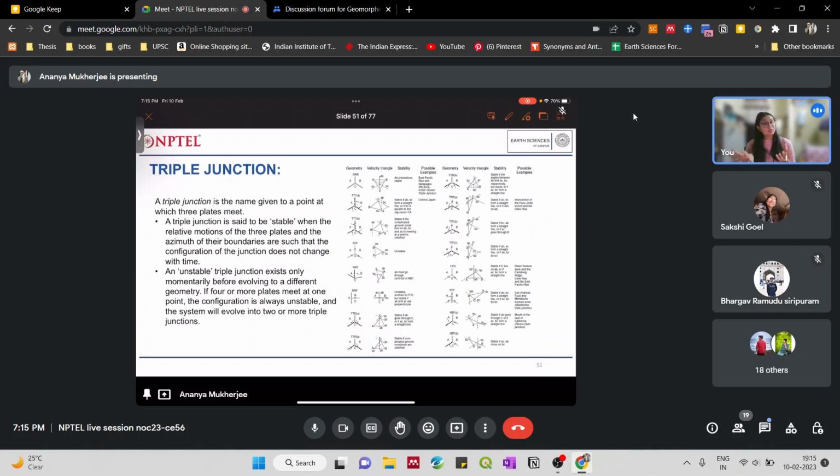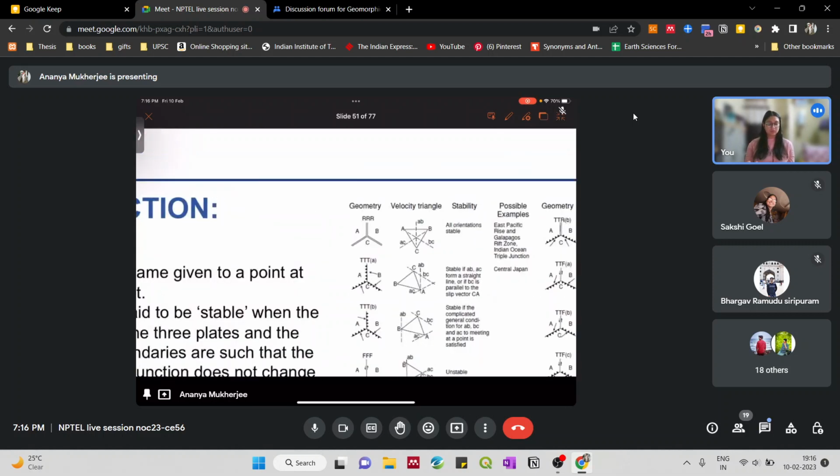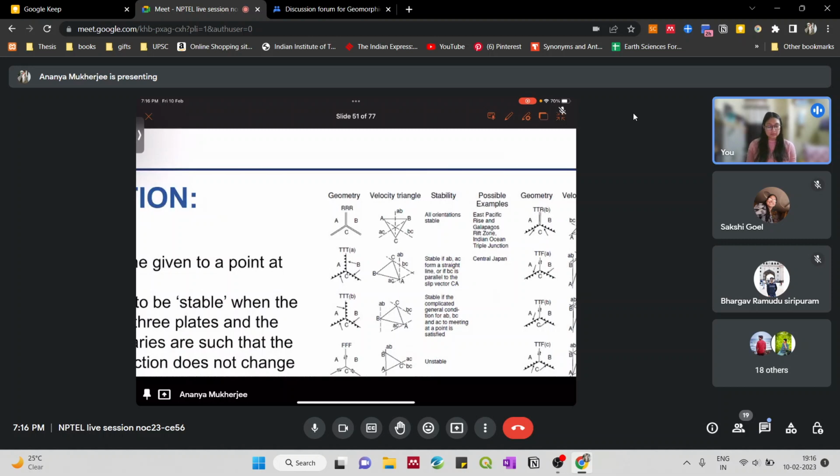What is a stable triple junction? A stable triple junction is one which does not change with respect to the motion of the plates. The triple junction's geometry does not change over time. What do you mean by the geometry? Suppose there are ridges, okay. Over here if I zoom in, you can see this is a triple junction, okay, between plate A, B and C, okay. Now since this is all a ridge, RRR means ridge, ridge, ridge triple junction, okay.